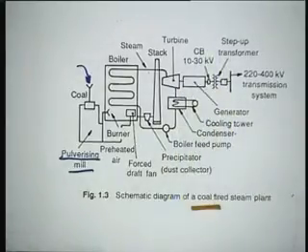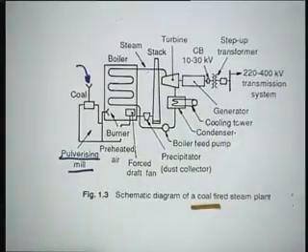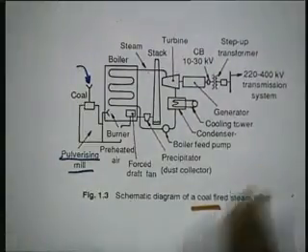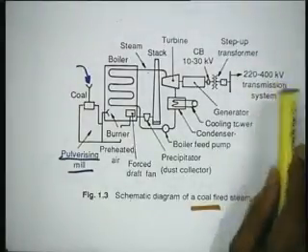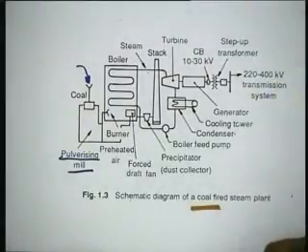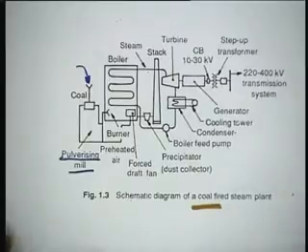There is a circuit breaker, then there is a transformer which steps up, and it goes to the transmission system, which at the moment is 400 kV, as I told you, in our country. So, this is in brief the story of how power is generated by coal, oil, gas in a thermal power plant, or it is also called a steam power plant, because you are generating steam.